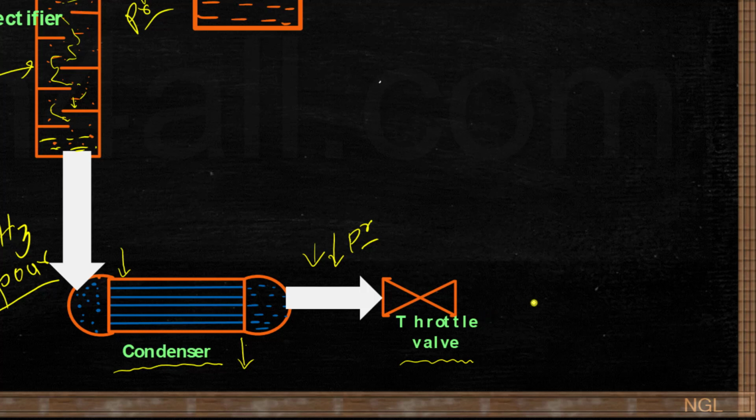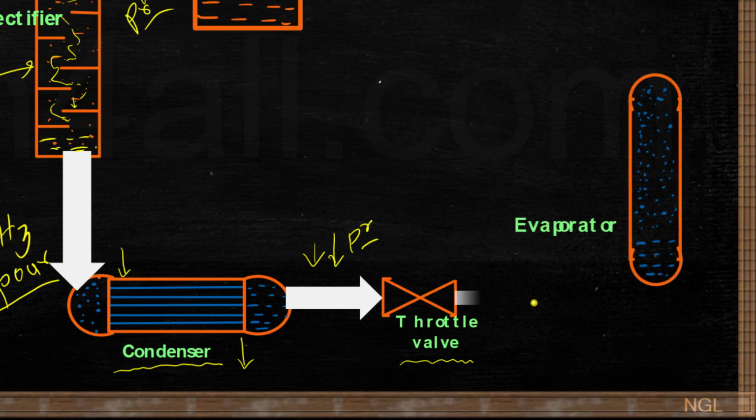And as we know, if we reduce the pressure or expand some gas, the temperature as well as the pressure decreases. So the temperature of the ammonia liquid will decrease as well as the pressure. So low pressure, low temperature ammonia liquid will go to the evaporator. So what is an evaporator? Basically this is the refrigerator.